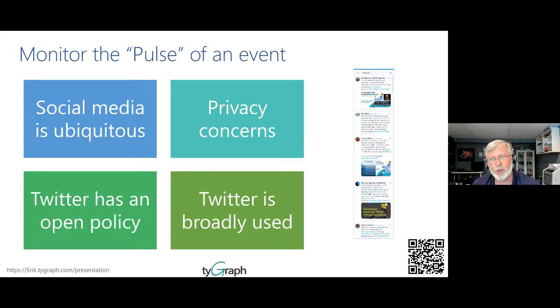And in addition, it's pretty widely used, especially around events, in terms of getting the word out and people communicating around the event, typically using a hashtag. Every event has a hashtag to be able to track it. This event has the hashtag M365VM, and we're actually tracking it for this. We'll see that here in just a little bit. So we're going to wind up basically wanting to measure Twitter.